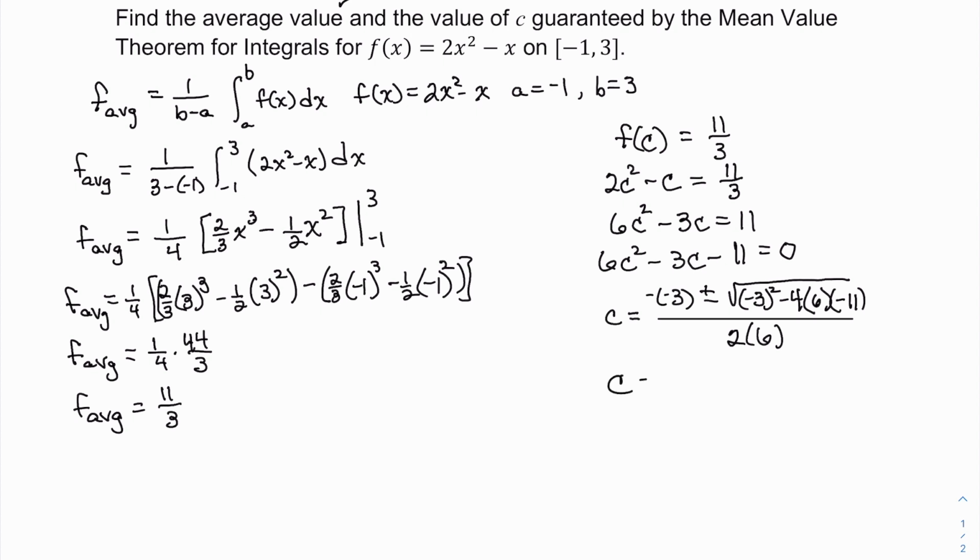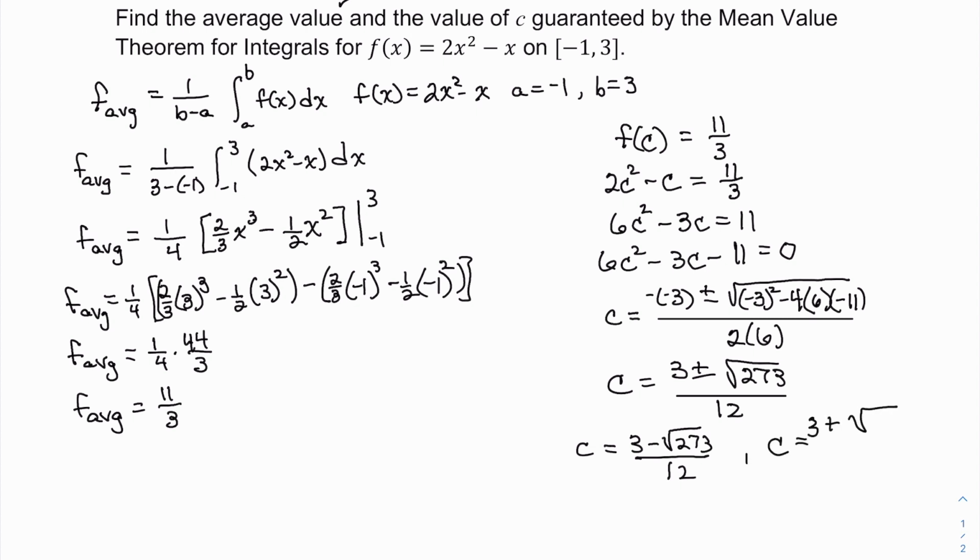And when we simplify all of that, we get 3 plus or minus the square root of 273, and that's all over 12. Now that gives us two different values. We have c is equal to 3 minus the square root of 273 over 12, and c is equal to 3 plus the square root of 273 over 12.